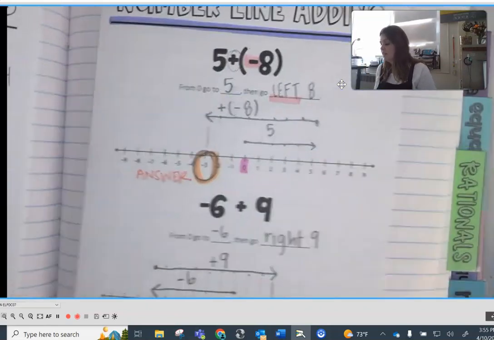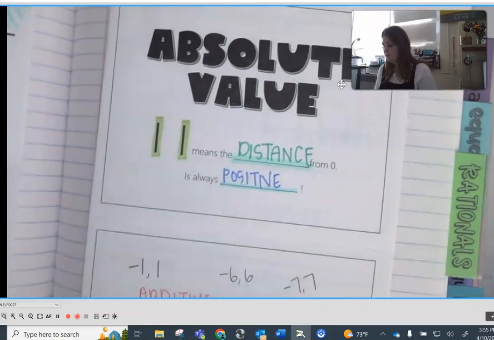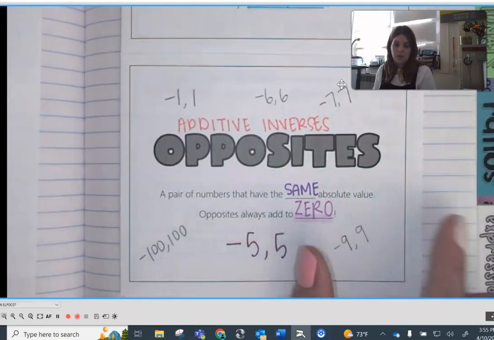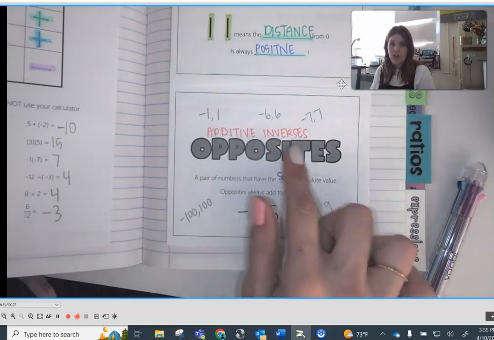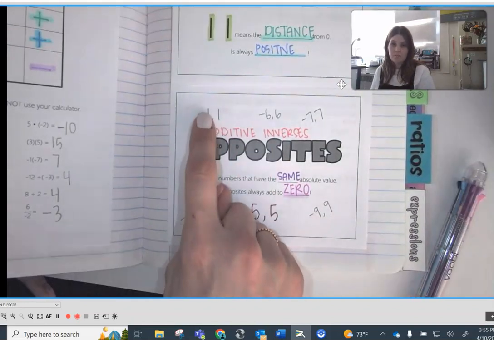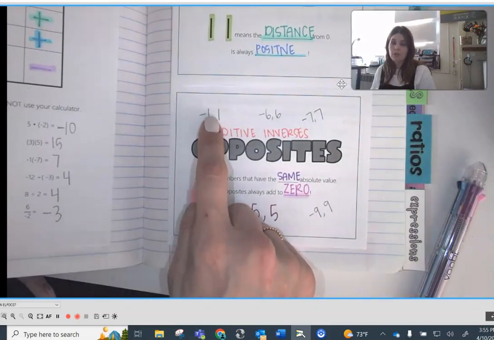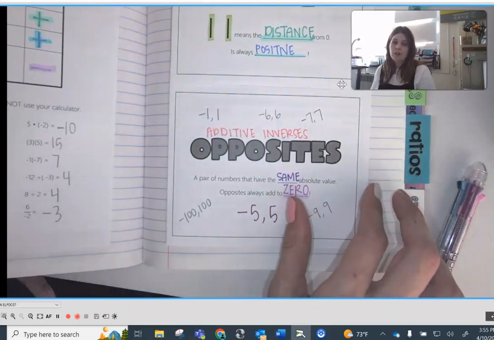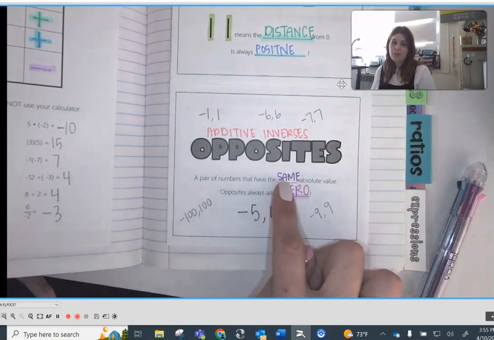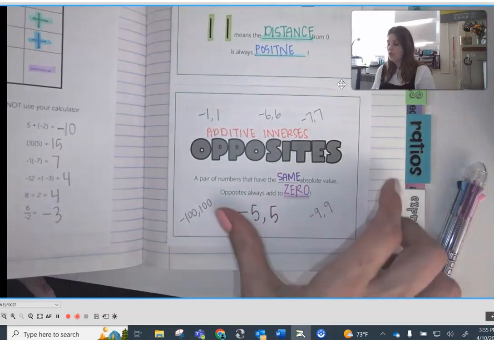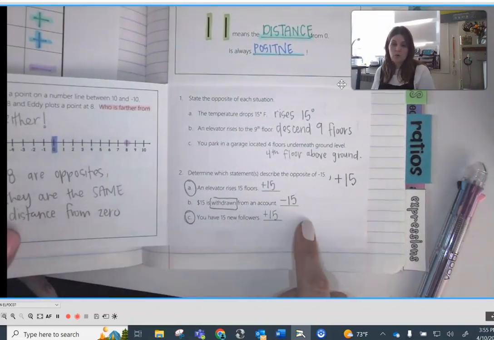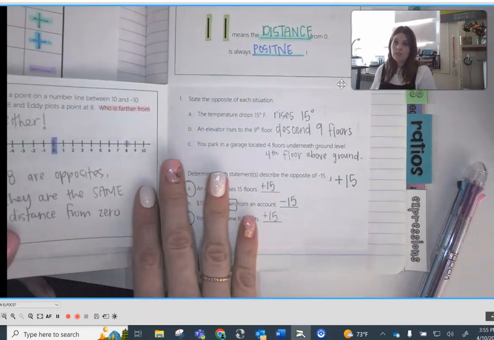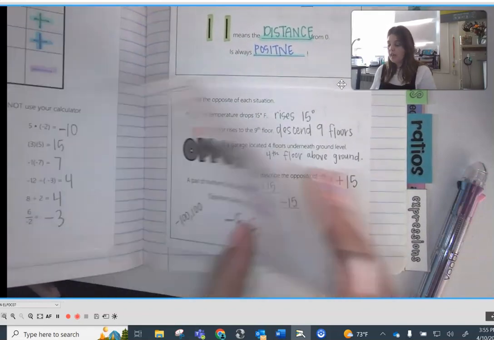You can see that on page 15. We did one little brief portion of our notes on additive inverses. Notice here, same number, one positive, one negative. The reason that they're called additive inverses is because when you add them, they go to 0. So we want to be careful that additive inverses are the same number, different sign.